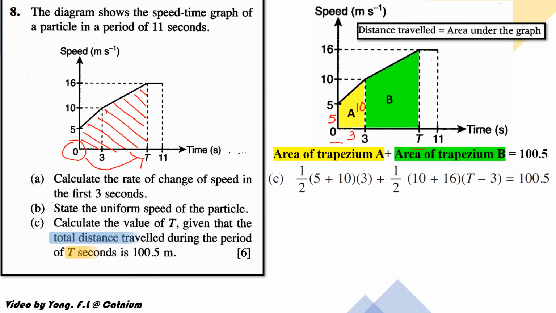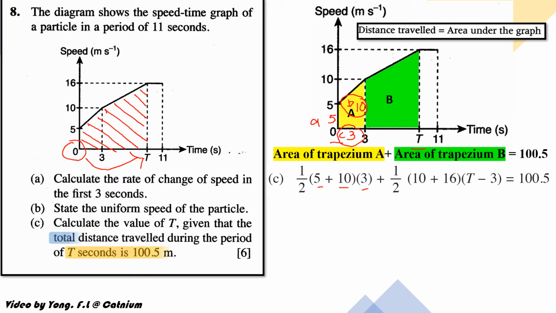That's why 1/2 (a + b) multiplied by c. This is your a, this is your b, this is your c. Okay, this is for trapezium A.